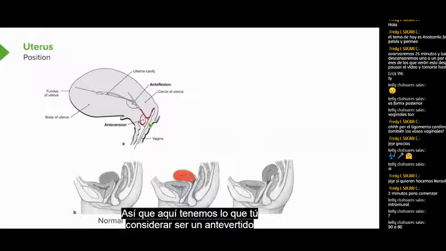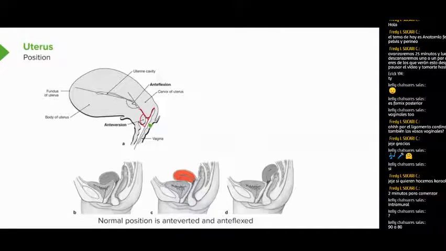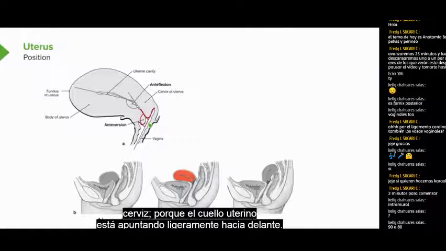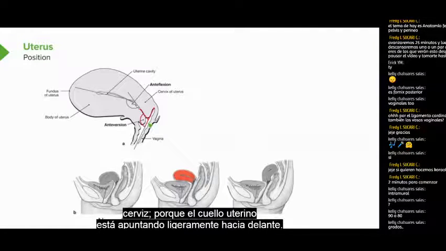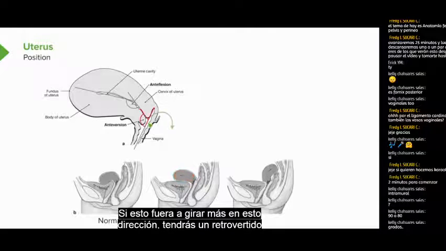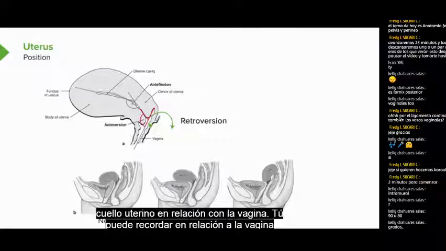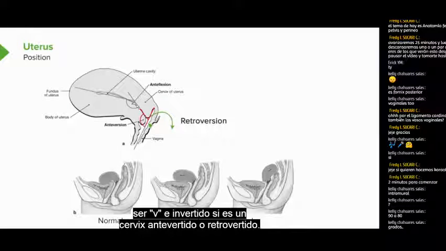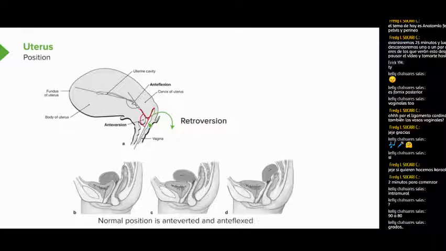So here we have what you'd consider to be an anteverted cervix, because the cervix is pointing slightly anteriorly. If this was to turn more in this direction, you'd have a retroverted cervix in relation to the vagina. You can remember in relation to the vagina being V, and it's verted if it's an anteverted or a retroverted cervix.